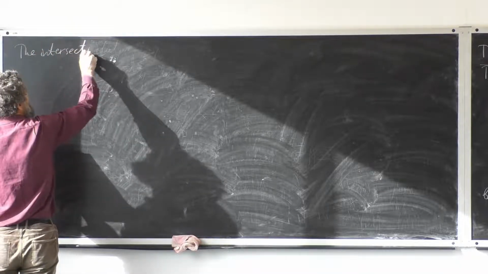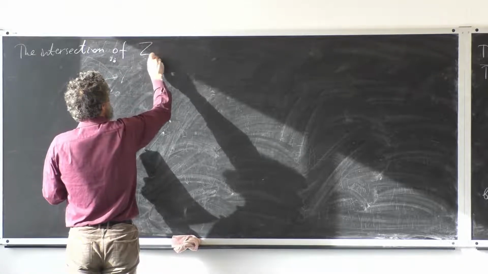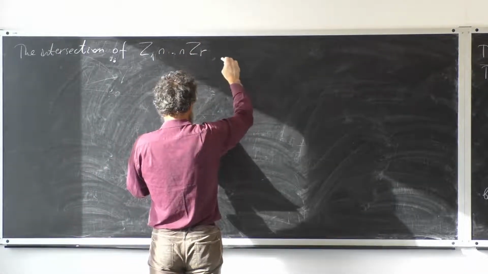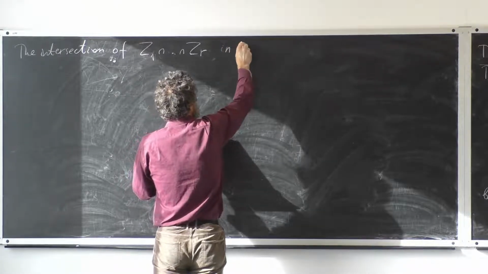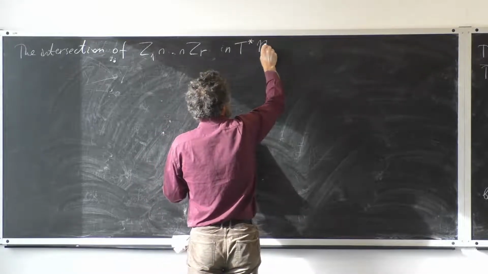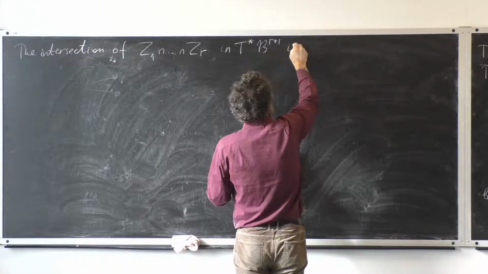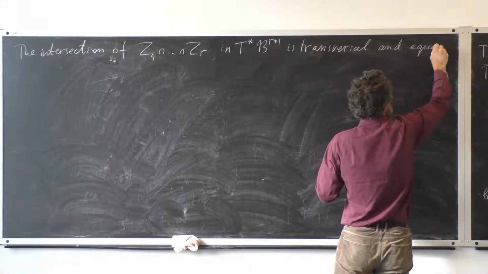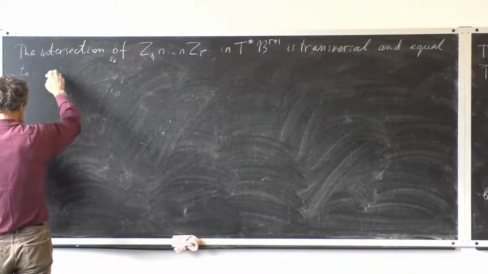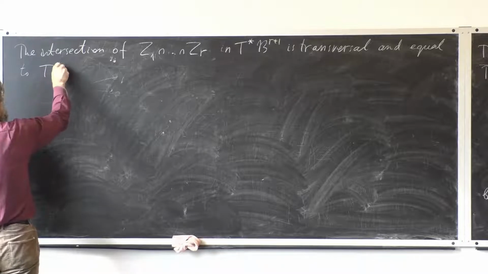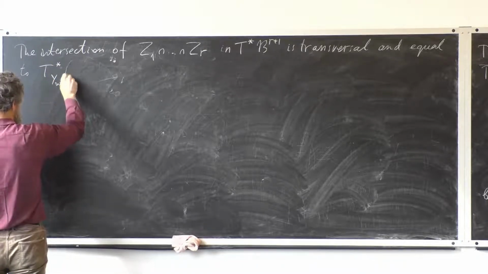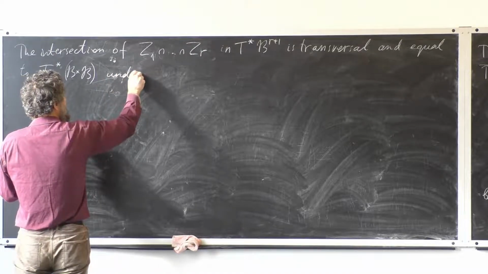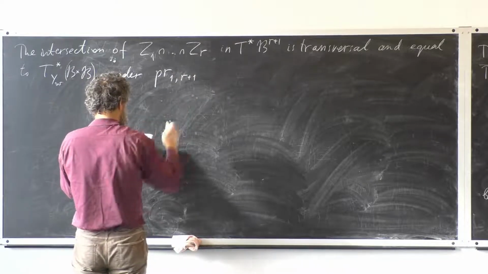Let me just say first the intersection of the one is the R in the conormal bundle of B to the power plus 1 is transversal and equal to the conormal bundle to this open orbit under the projection number 1 R plus 1.